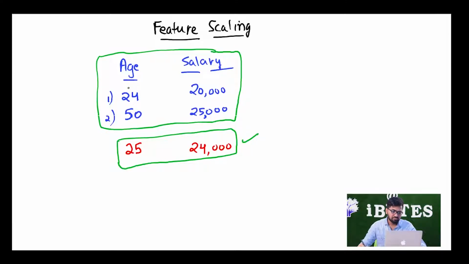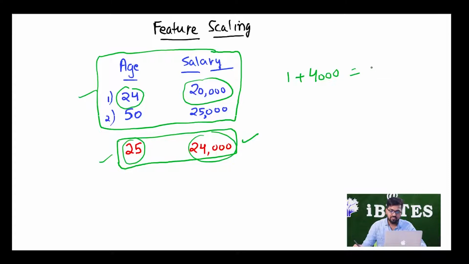If I talk about these 2 points, between 24 and 25 there is a difference of 1, and between 24,000 and 20,000 there is a difference of 4,000. So between the first point and this point, there is a difference of 4,000 and 1. And similarly, between the second point and this point, there is a difference of 25 plus 1,000, that is 1,025.